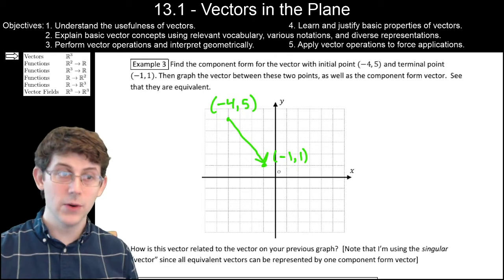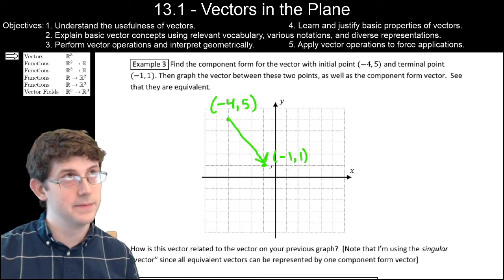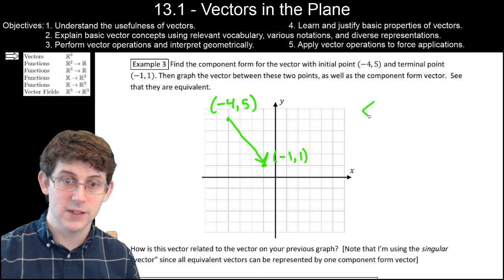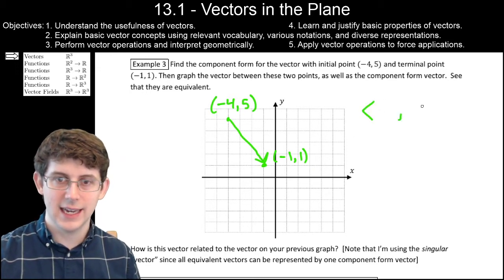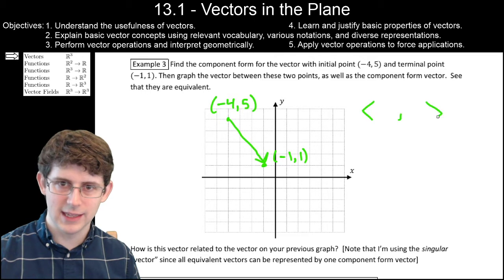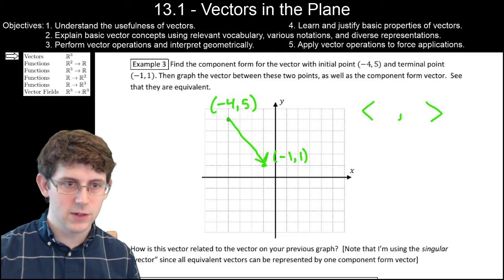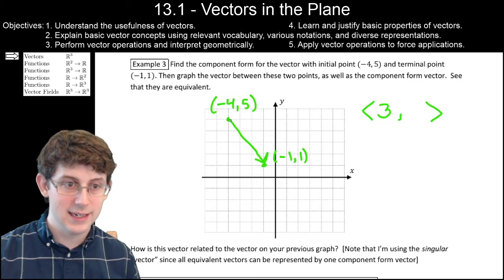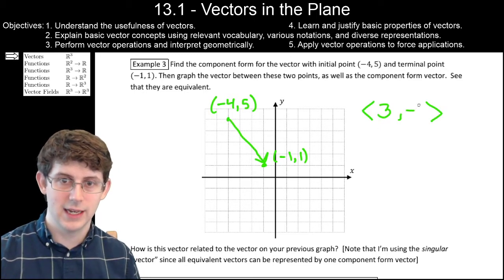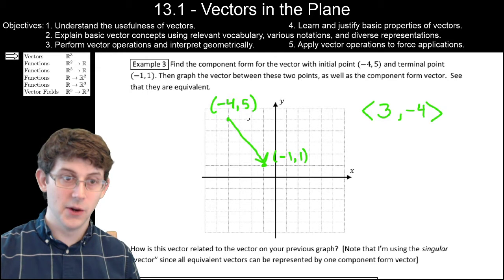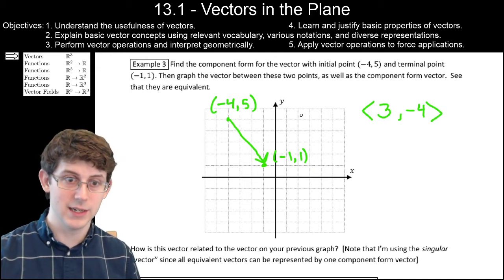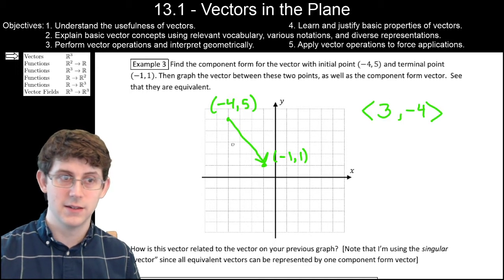To write it in component form, we just decide how far it goes in the x direction and put that in the first slot, and how far it goes in the vertical direction and put that in the second slot. This one goes right 3, so we get plus 3, and down 4, so we get minus 4. Notice that the order matters here. You have to do the end point minus the start point to get the correct values. So here's our vector in component form.